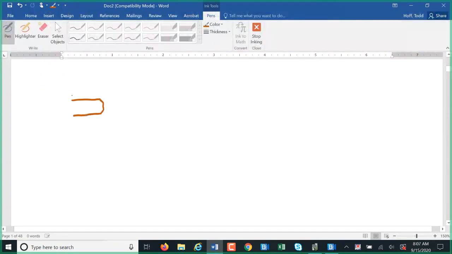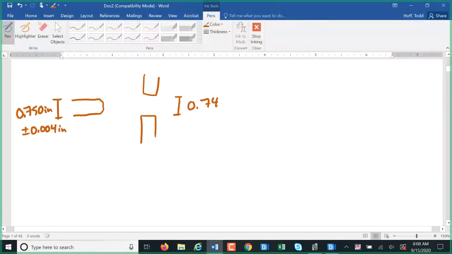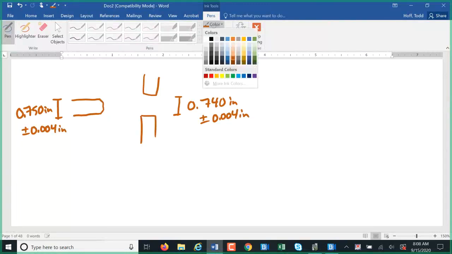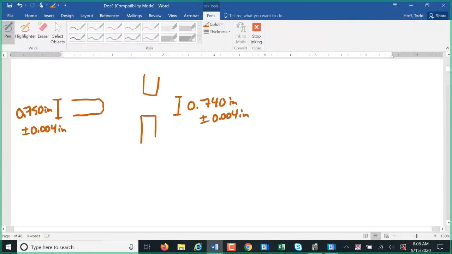I'm going to take a frost plug here, going into the block of a car. Both measurements have 4/1000ths of an inch of allowance.